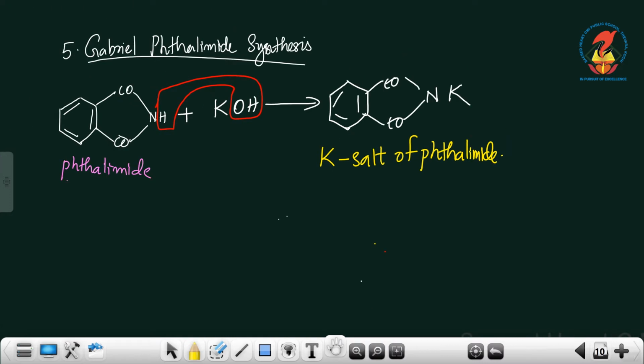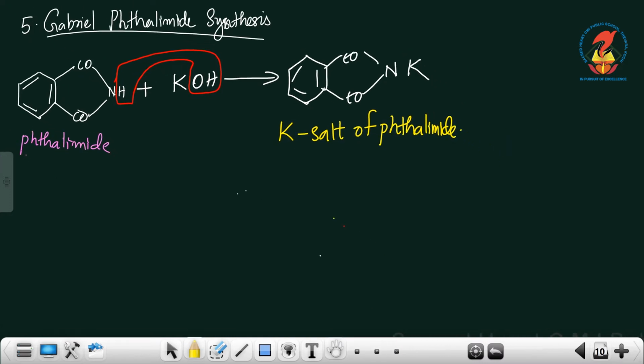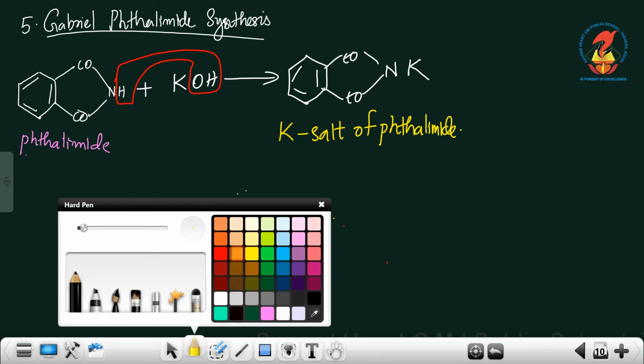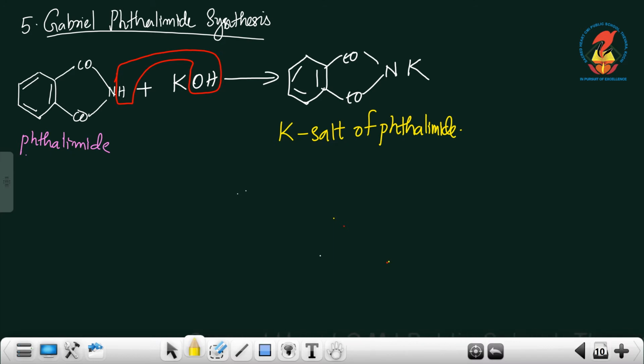Now see the structure of the potassium salt of phthalimide. How can we write the ionization of a potassium salt? If it is KCl, we can write it as K plus Cl minus. If it is KNO3, we can write it as K plus NO3 minus. So similarly, how can we write the ionization of this potassium salt of phthalimide?